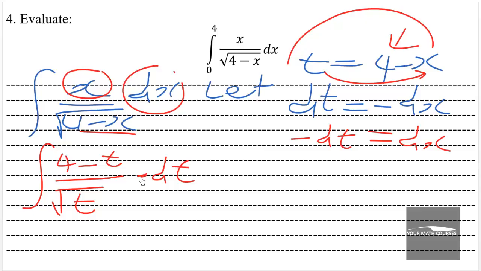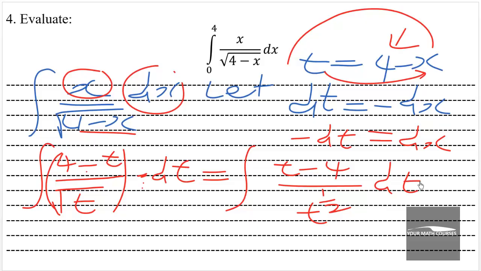So this negative, we can use it to multiply what is here, the top, so that it becomes the integral of t minus 4, because negative times negative t will give us positive t. The negative times negative 4 will give us negative 4, all over square root of t. Remember, square root of t is the same as t exponent half dt.